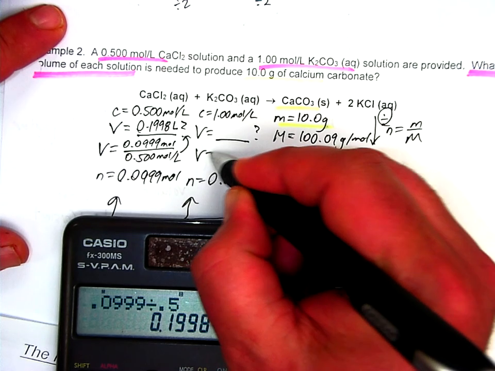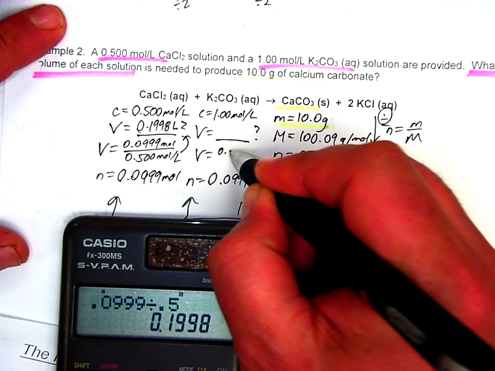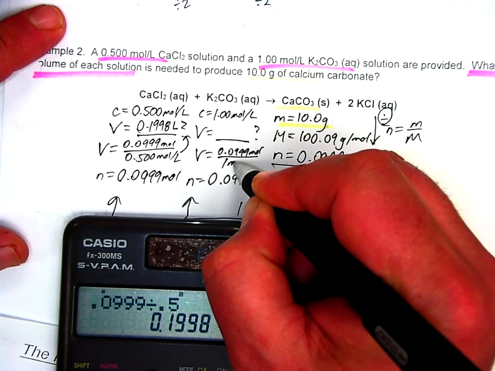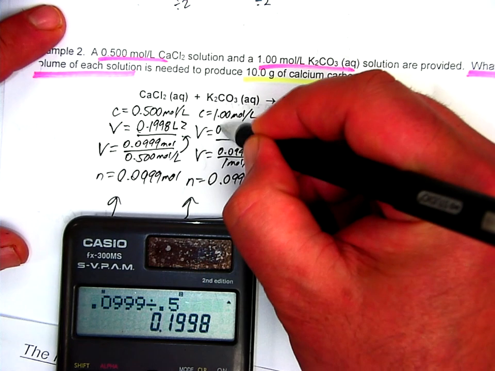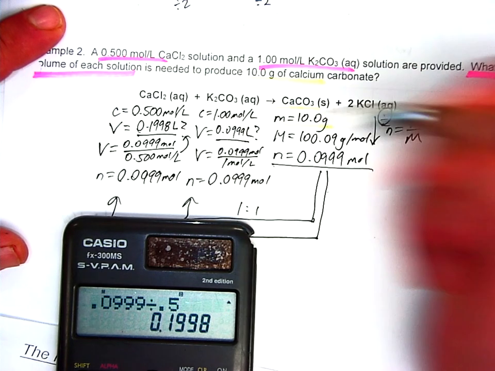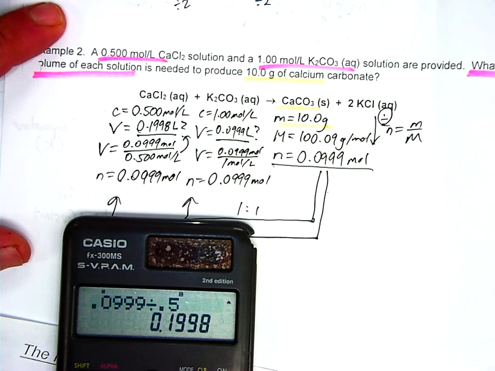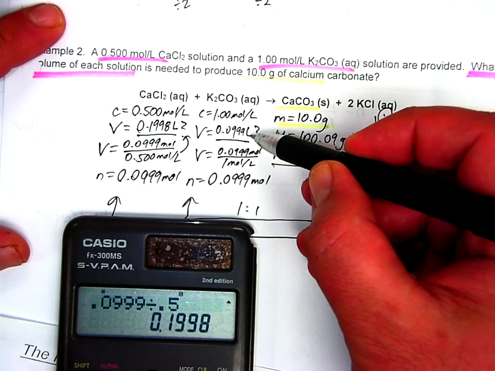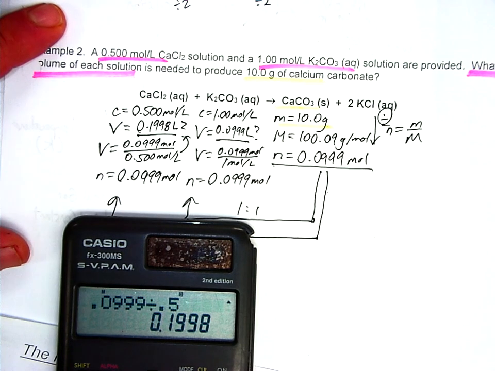And then the same idea here. This one's a little easier. 0.0999 liters of potassium carbonate is required at that concentration.